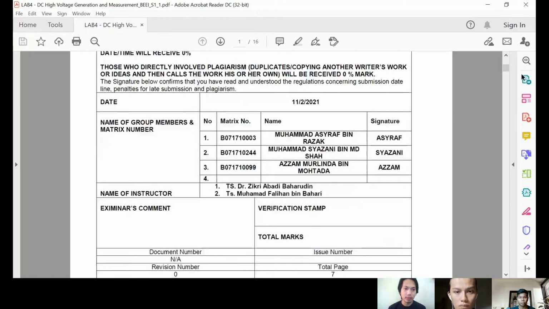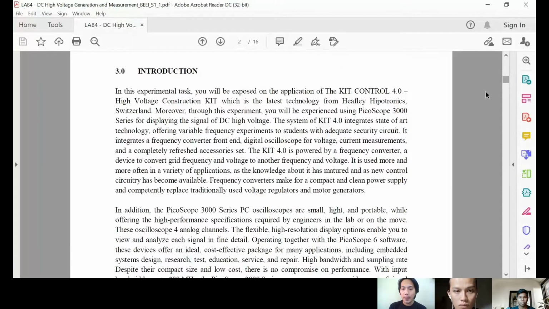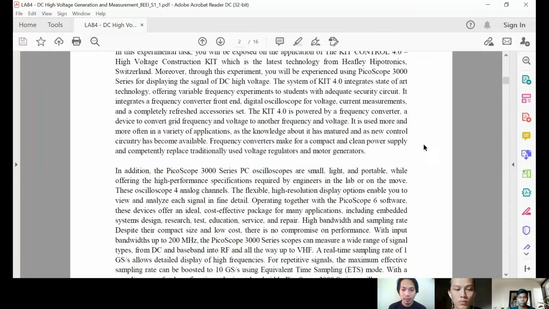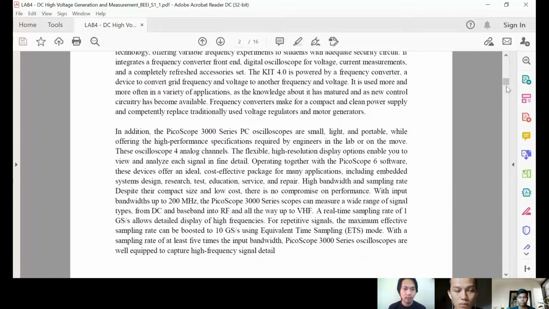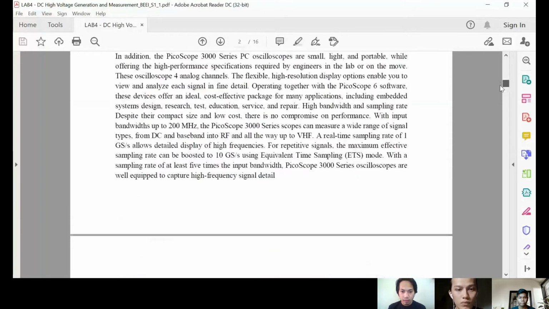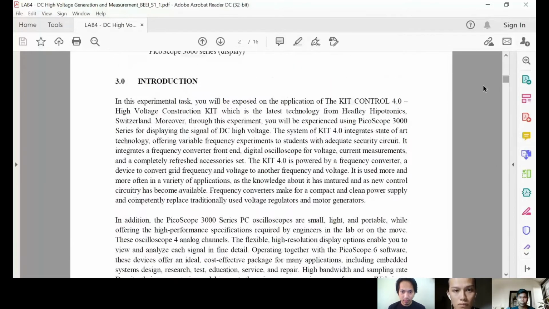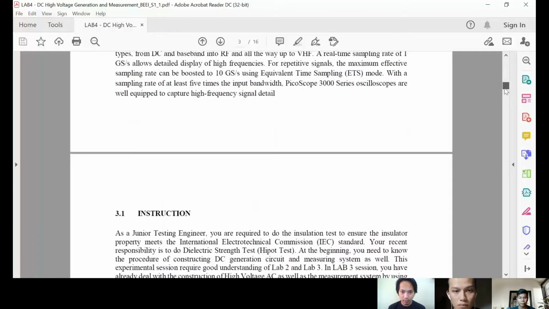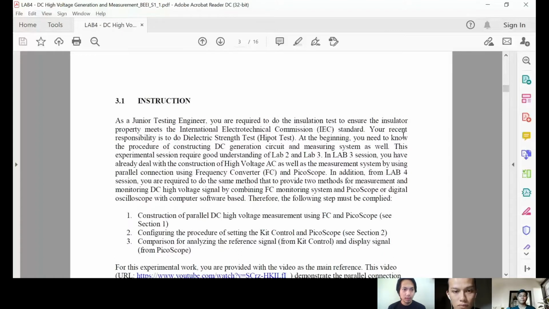Go to the instruction. For this lab, we are required to make an insulation test to ensure the insulator property meets the IEC standard.